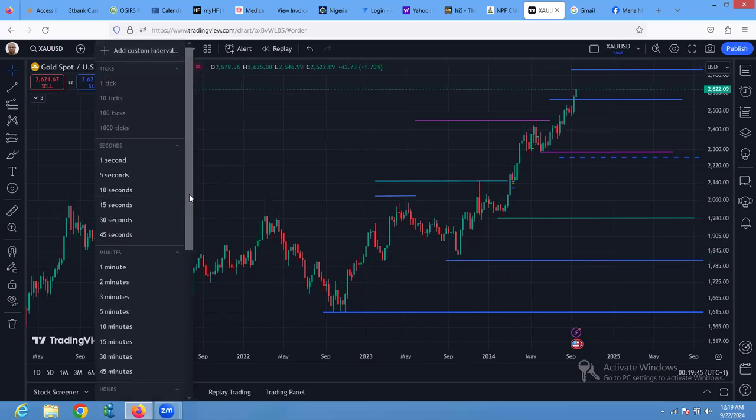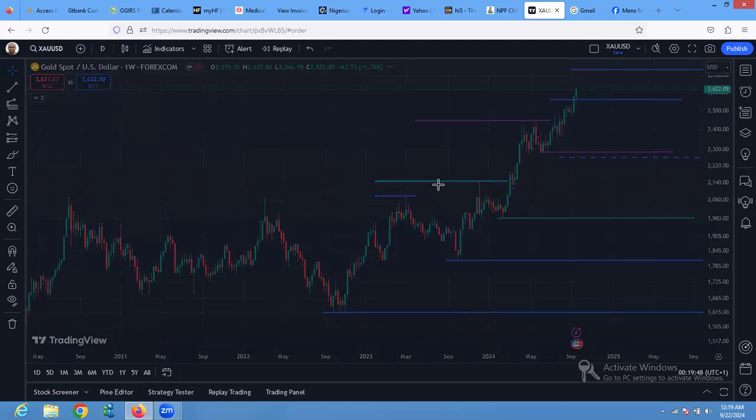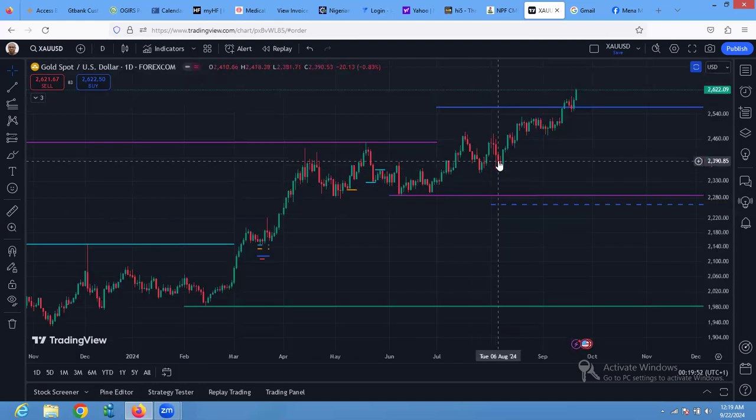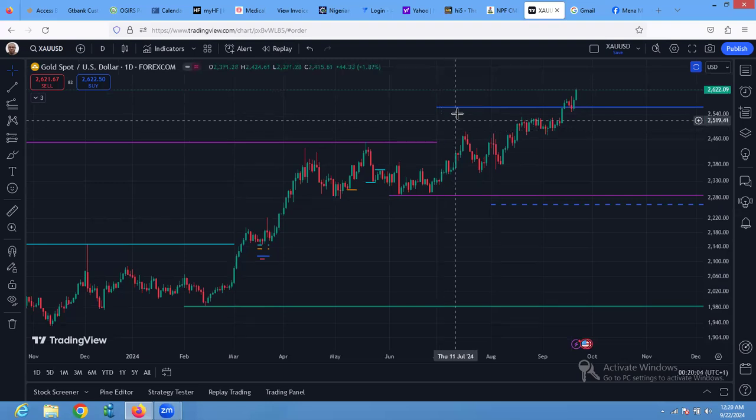So on the daily time frame, let's look at what we can see here. We saw that reaction around this area. After we broke here, this is around the area that we said we might get a reaction, the 2,550 area.